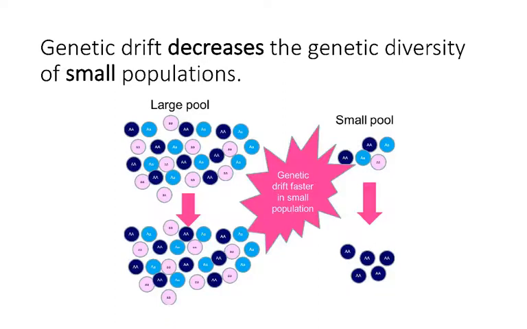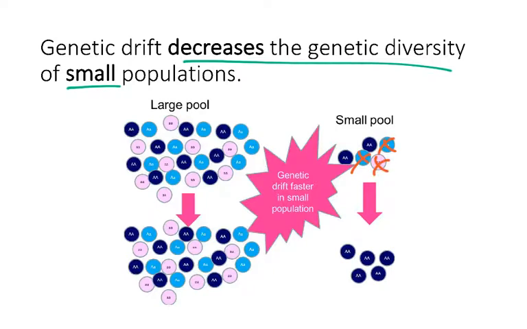First of all, the overall result, and in which populations drift has a stronger effect: genetic drift decreases genetic diversity, and it does this more so in small populations. If we look at this example here, on the left we have a large pool of individuals, and on the right we have a small pool of individuals. In the small pool on the right, what's happening over time is that we are losing these 3 individuals.